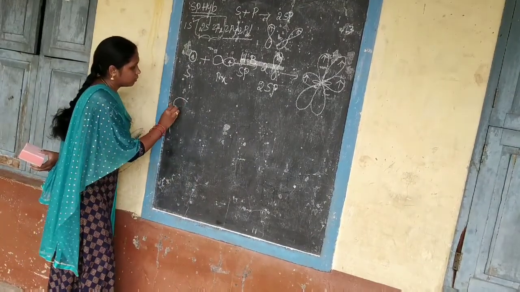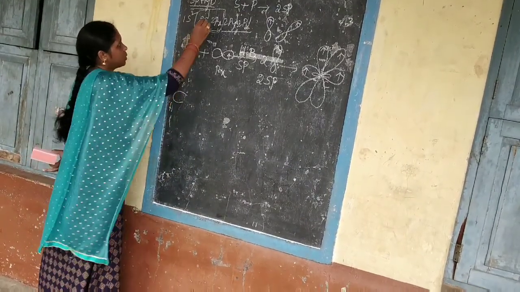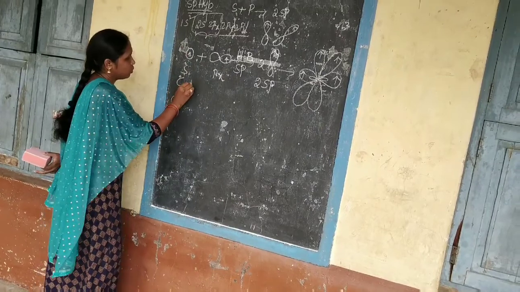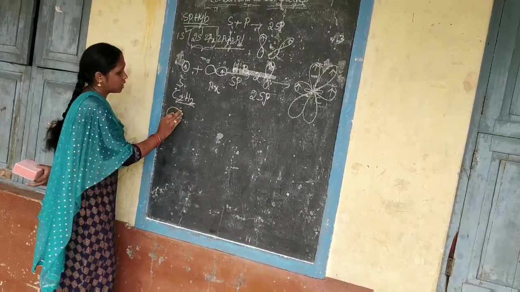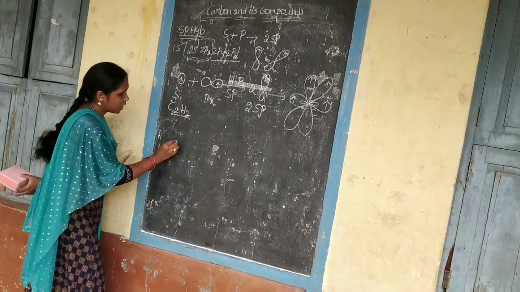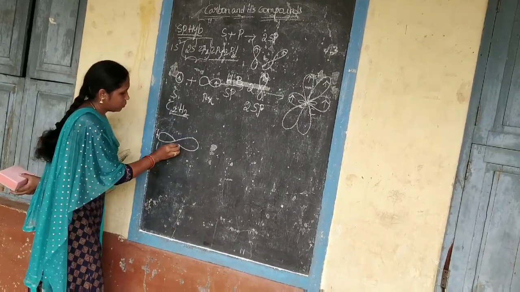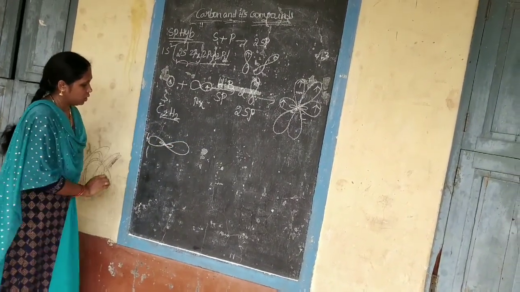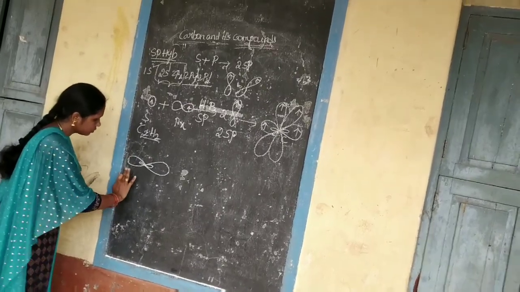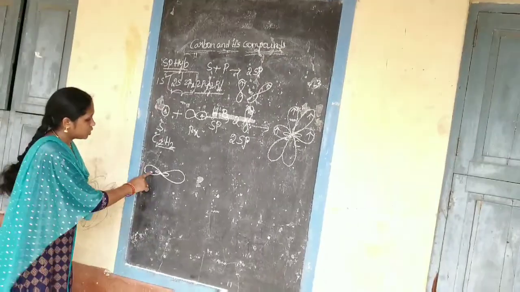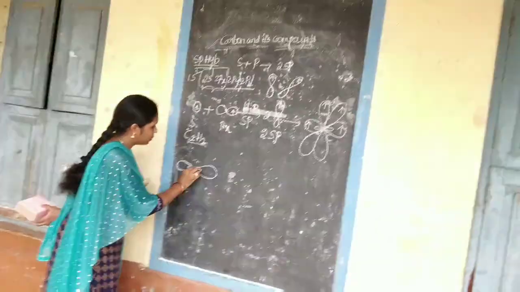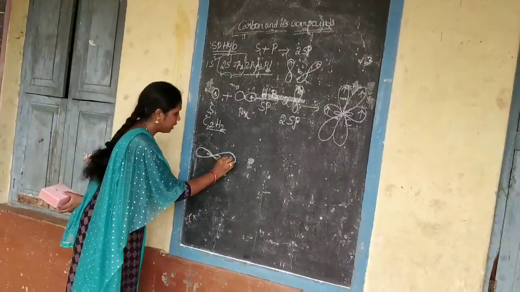As an example for sp hybridization we have taken C2H2, meaning two carbon atoms. The two carbon atoms are sp hybrid carbons. First we take the hybrid orbitals with a single electron.